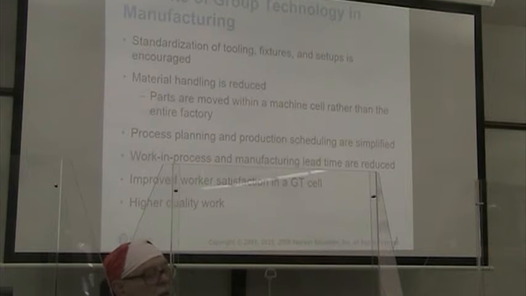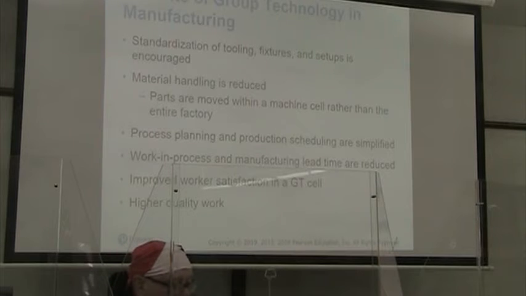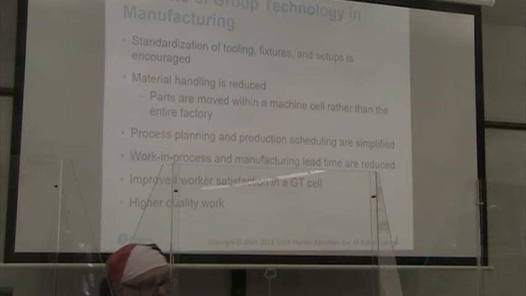All right, so what are the benefits of group technology when we're talking about manufacturing? Well, one is standardization of our tooling, fixtures, and setups, right? As much as possible, we want to make everything standardized. Second, our material handling is reduced.